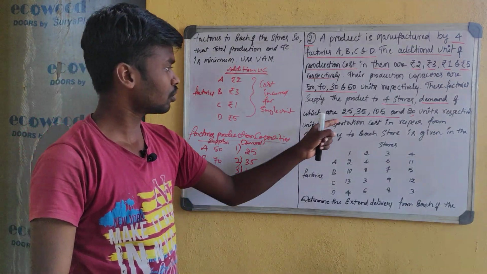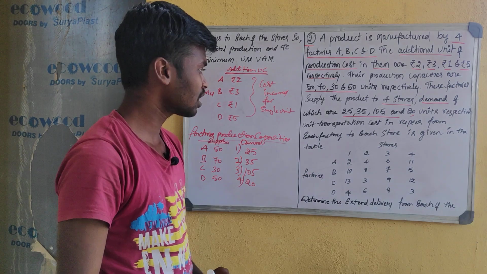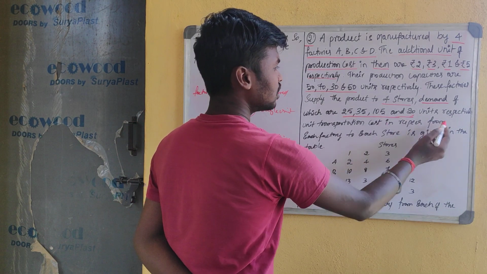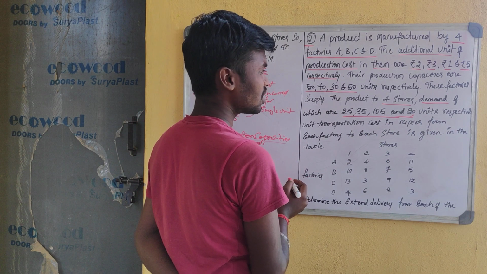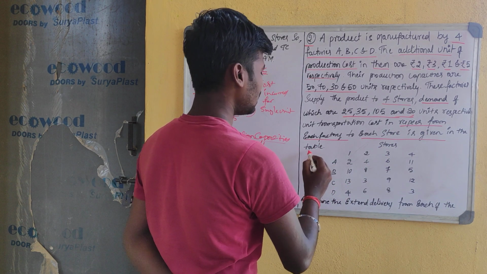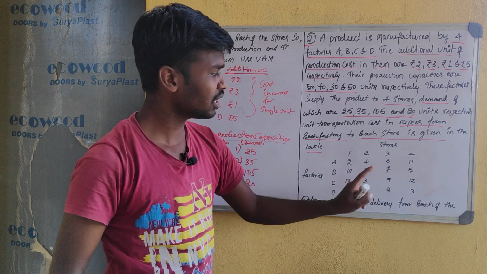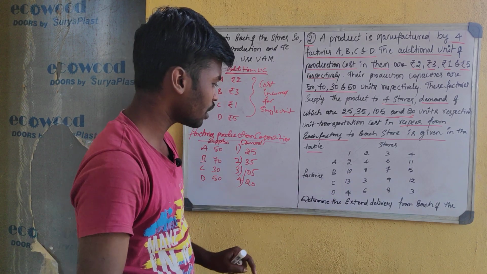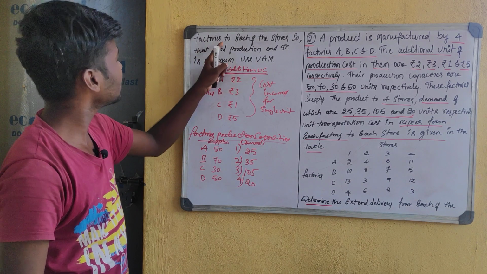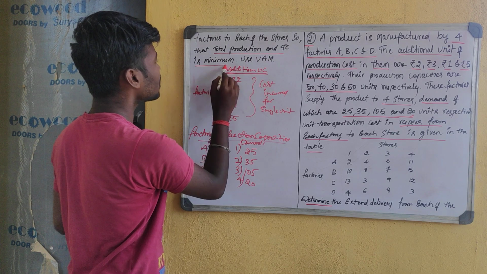So you have to underline the important concepts which are necessary to calculate the transportation cost or to frame the transportation problem. Next, the unit transportation cost in rupees from each factory to each store is given in the table. So from this information we are going to determine the extent of delivery from each factory to each store, so that the total production and transportation cost is minimum.